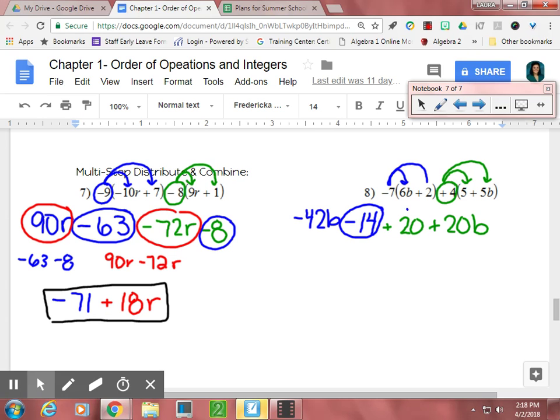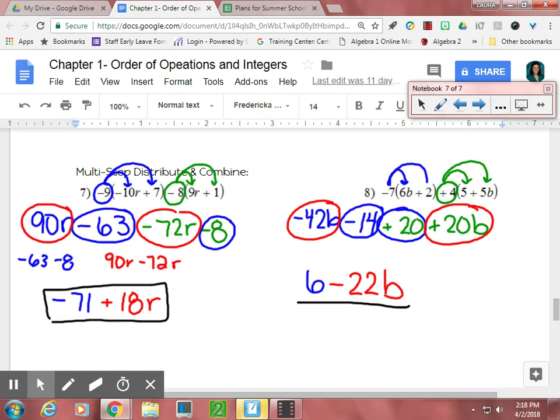So here's a number and here's a number. Let's put those together. Negative 14 and 20 is going to give me a positive 6. Then my letters, negative 42 and positive 20, are going to give us negative 22b. And since I can't put anything else together on that, then this is my final answer.